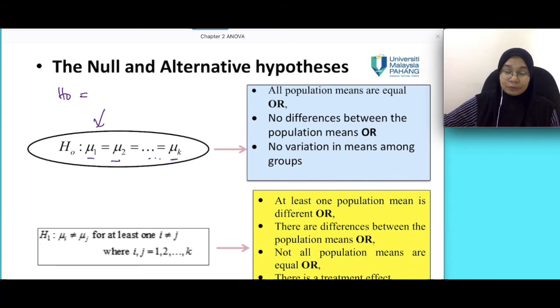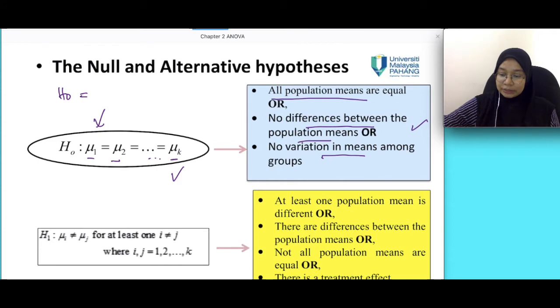For example, to compare 3 populations, mu1 equals mu2 equals mu3. Or you can write that all population means are equal, or no differences between population means, or no variation in means. You can use notation or words.